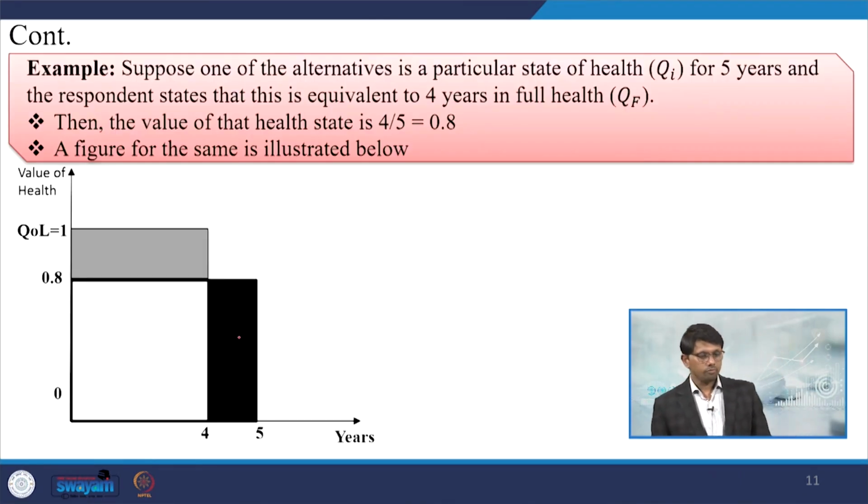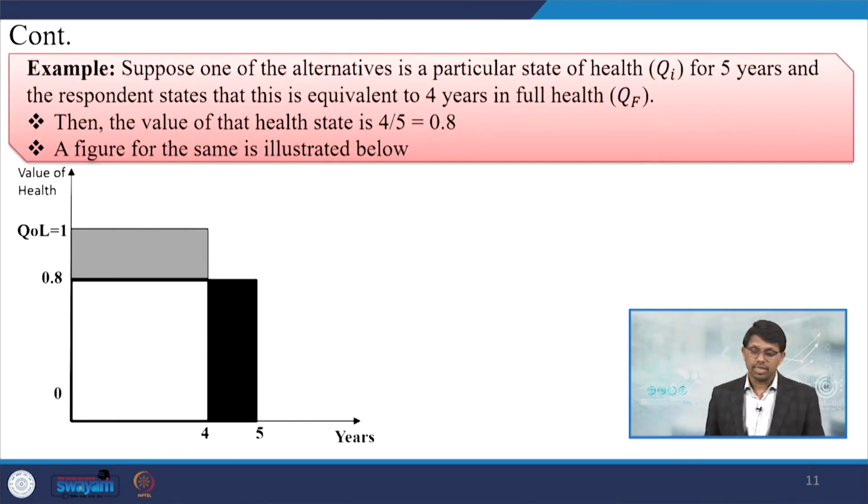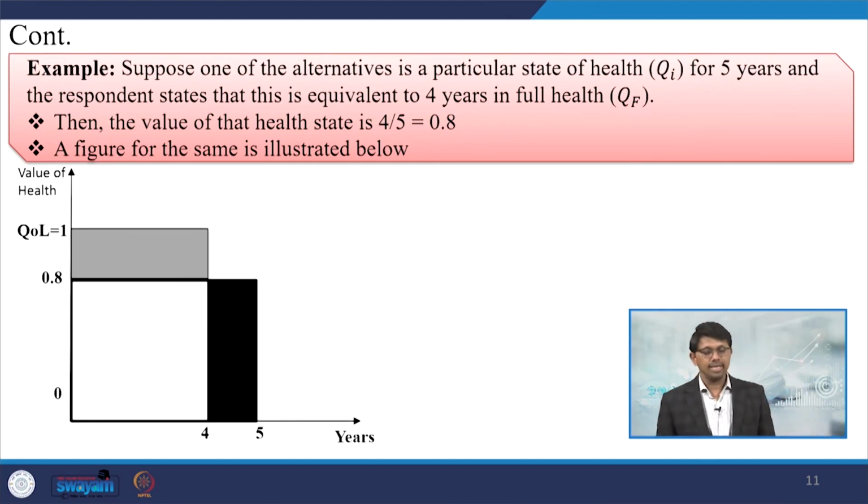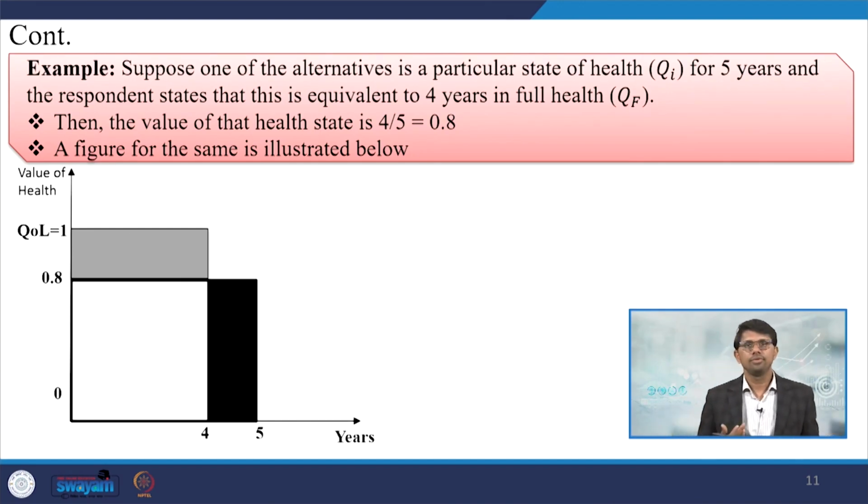Alright. Suppose one of the alternatives is a particular state of health for 5 years, and the respondent states that this is equivalent to 4 years in full health. Okay. Then the value of that health is 4 out of 5. Okay, and then small t is 4 and the total length of the state of health is 5 years.